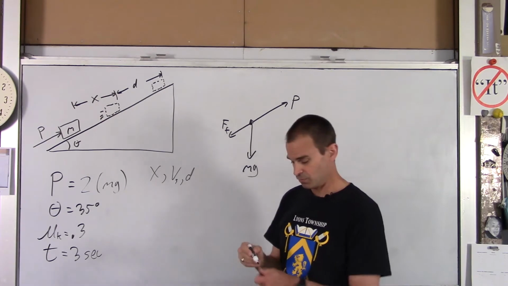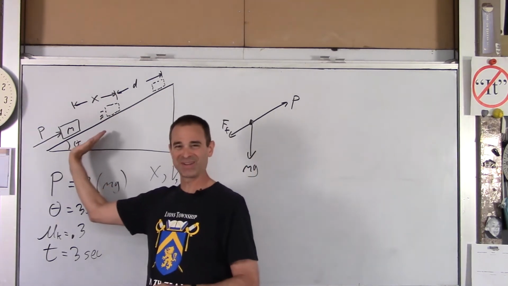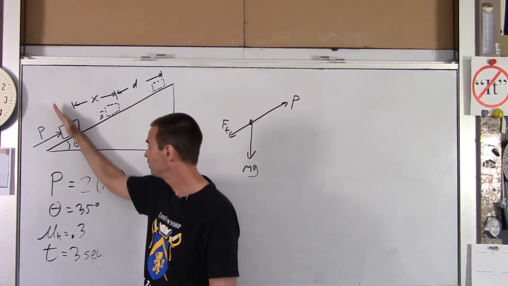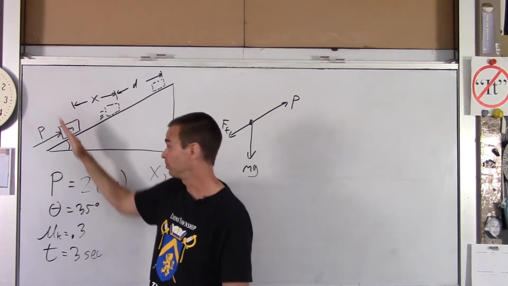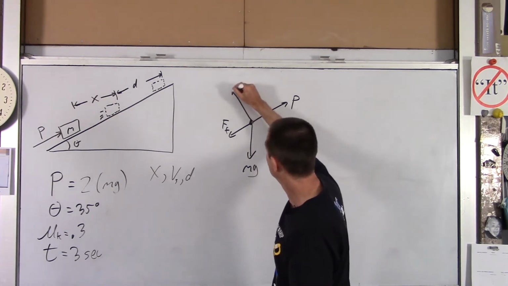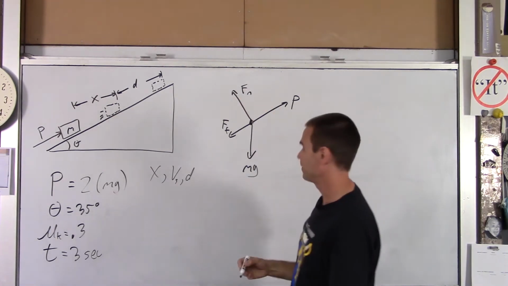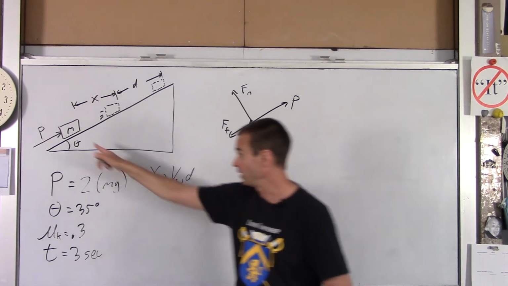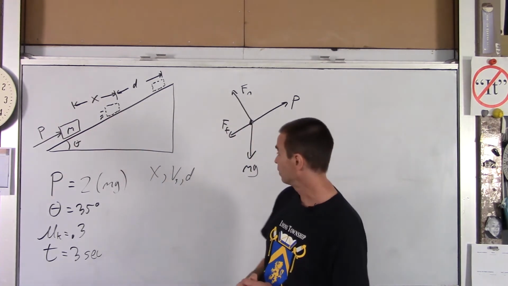And hopefully the ramp is holding it up. The ramp is supplying a normal force, which is always perpendicular to the surface, so we've got Fn pointing that way. Those are the four forces acting on the block for that first 3 seconds.